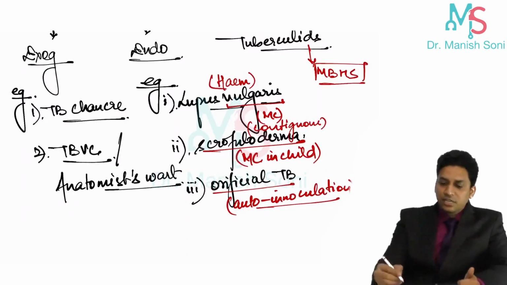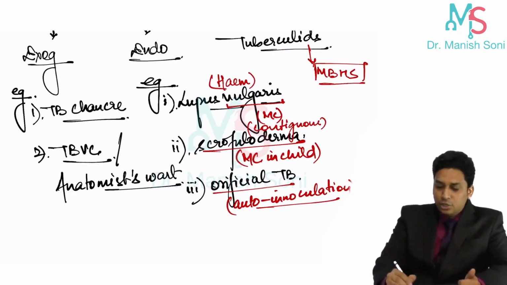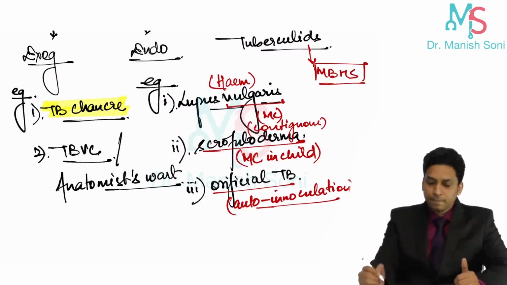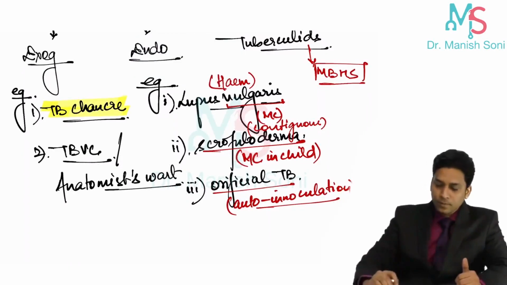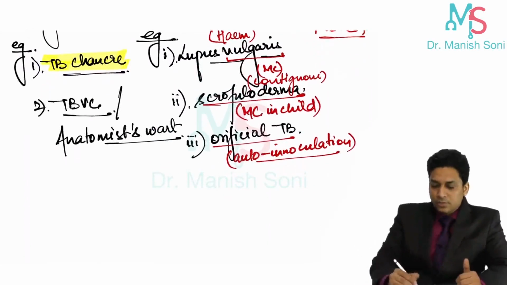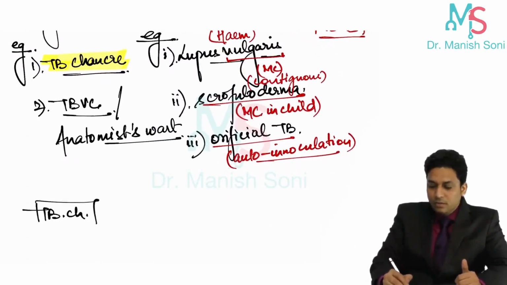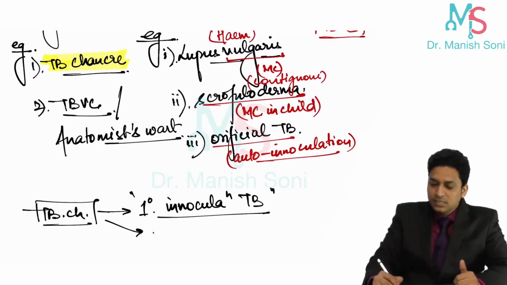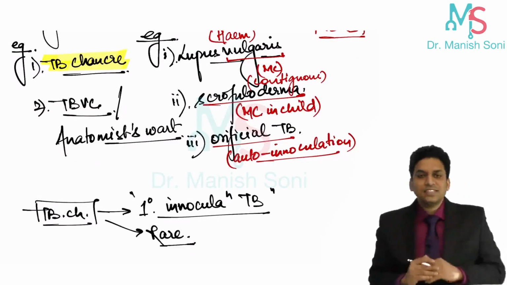Now, let us discuss them individually. First heading is tubercular chancre. You can write down it is primary inoculation tuberculosis. This is a very rare type of tuberculosis, and why is it so rare?